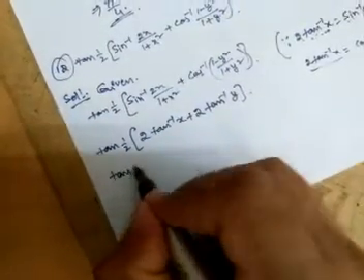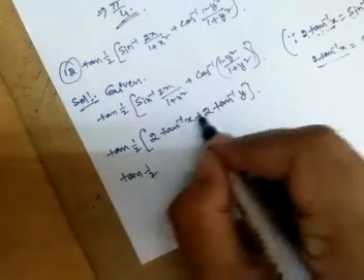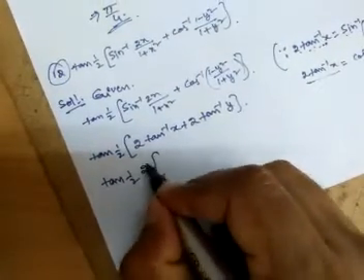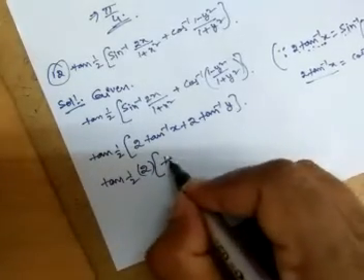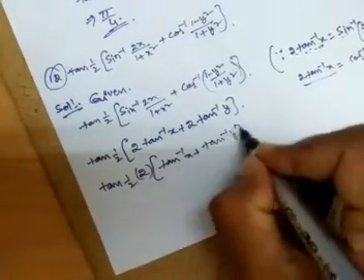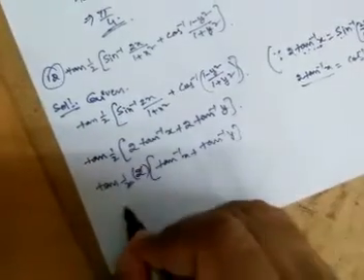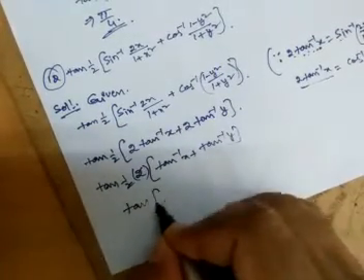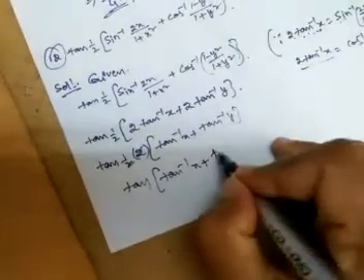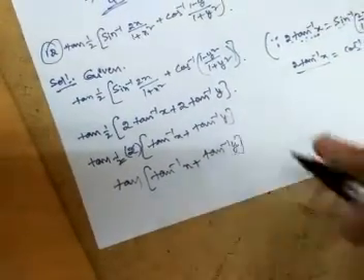Next step, tan of 1 by 2, take 2 as common, 2 into tan inverse of x plus tan inverse of y. Now 2 gets cancelled, then tan of tan inverse of x plus tan inverse of y is the remaining term.